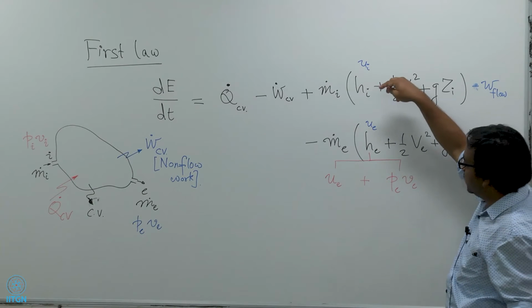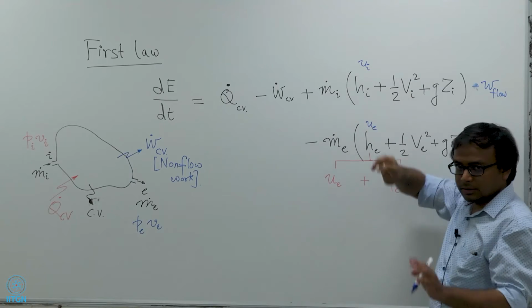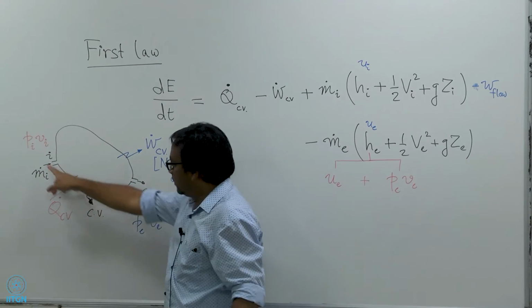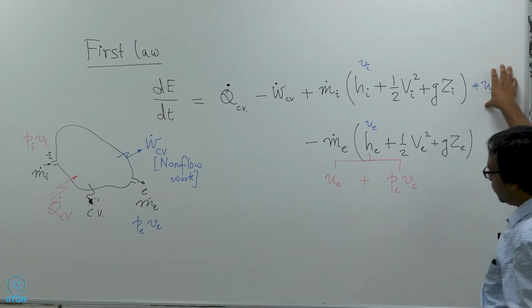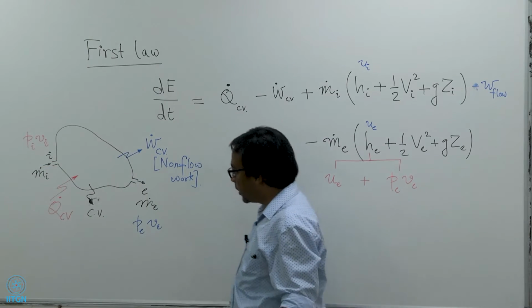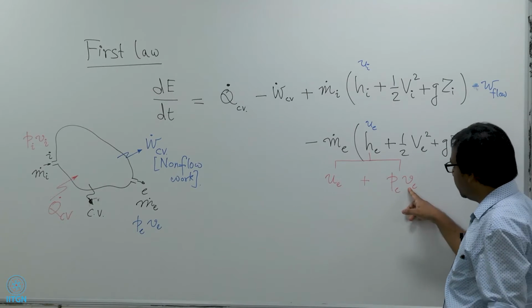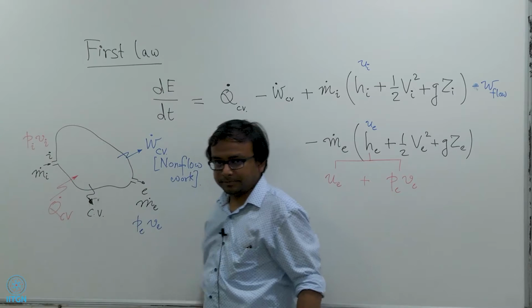right. Instead of writing this as enthalpy, we can just write internal energy here, that is, the energy that is coming in, and then we can separately take care of these two terms by adding a flow work here, and you can see that this flow work happens to be just P E V E minus P I V I, okay. And by the way, these small v's are specific volumes, this is the specific volume at the exit, and this is the specific volume at the inlet.